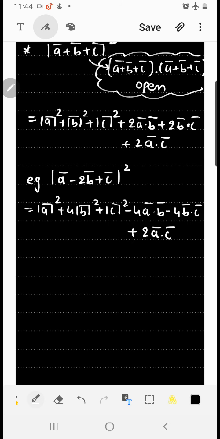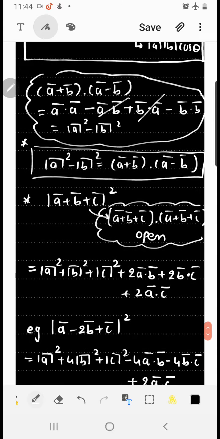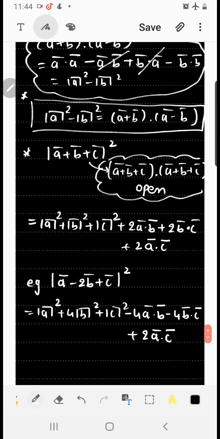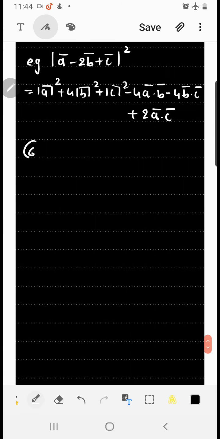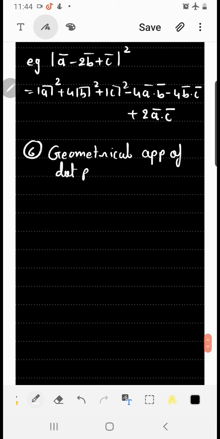Okay. Now let us move to the last part of this discussion. Okay, this is your sixth point. Now this sixth point talks about the geometrical application of dot product. That means using dot product geometrically, what can we find?